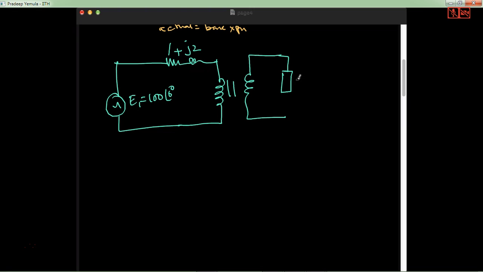And here I have 50 plus j30. So this is our problem. The problem is to find I1, S1. Sorry, not this I1, find this one, IL. Also given this is 1 to 10.